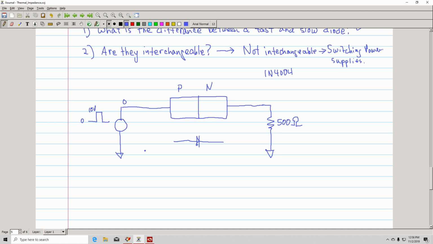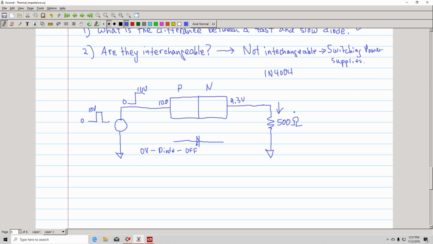When you're at 0 volts, there's no electrical potential, so the diode is off. But then as soon as you switch to a high, you're going to have 10 volts here, and because of the diode drop, you're going to have 9.3 volts here, and of course you're going to have current going through that.